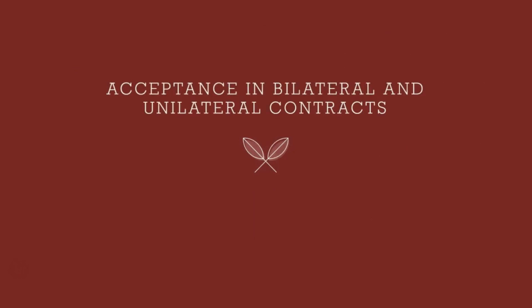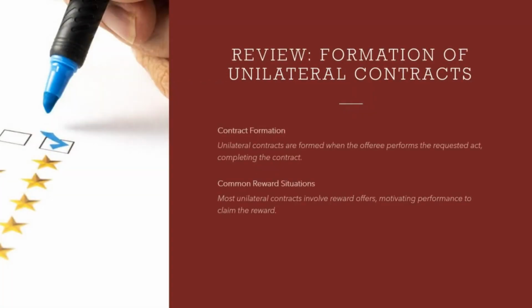Okay, so I'm going to do a little bit of review on bilateral and unilateral contracts. It just makes sense to keep the context of this particular topic of offer and acceptance in play. So I apologize if I have a little bit of redundancy in the previous lectures or going forward. So a quick review: formation of unilateral contracts. The contract is formed when the offeree performs the requested act.